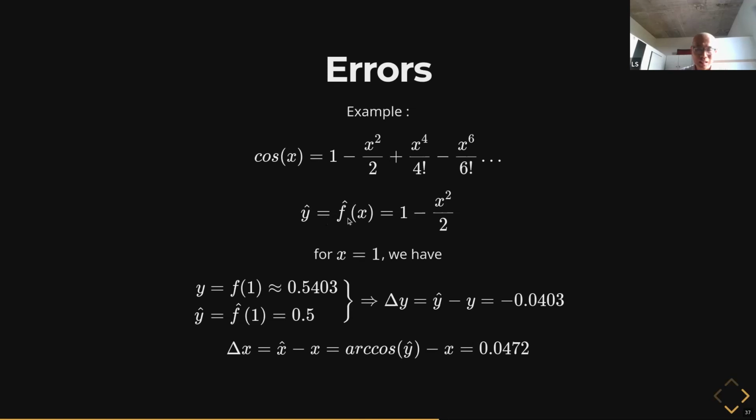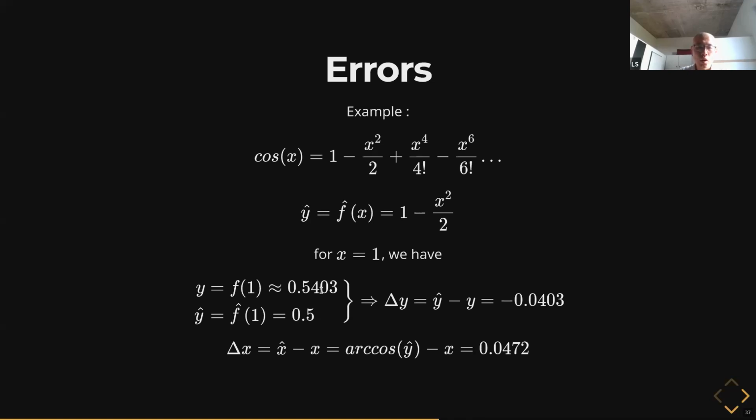The approximate algorithm I use is the truncated Taylor expansion, because if you take infinite terms, it's going to be precise. So we only take the first terms to approximate. That's where you get the y hat.